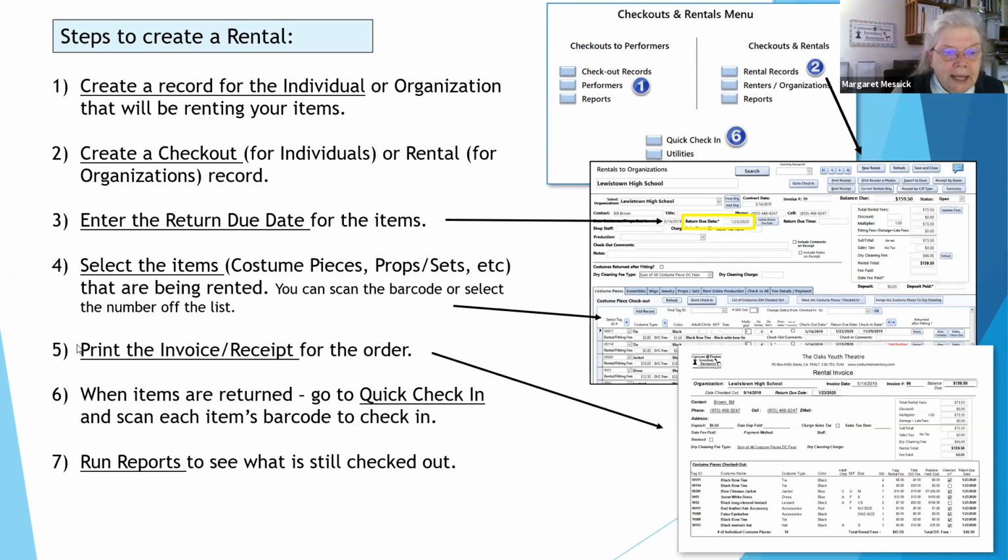And they will indicate very easily that this has been borrowed from a particular other organization. And it's very easy to run a report of that, see what you have borrowed, and how to return it.